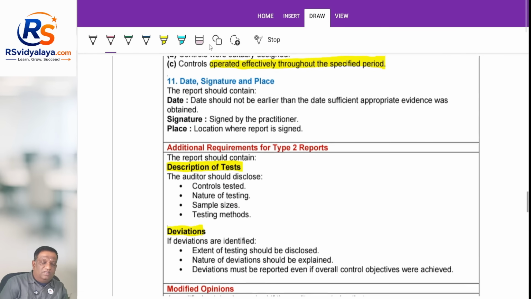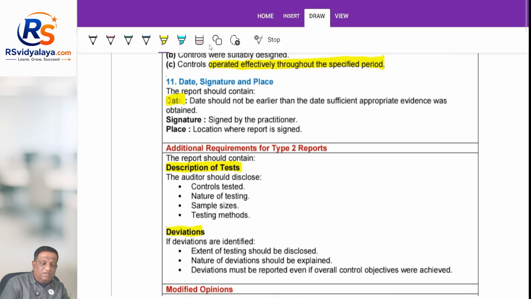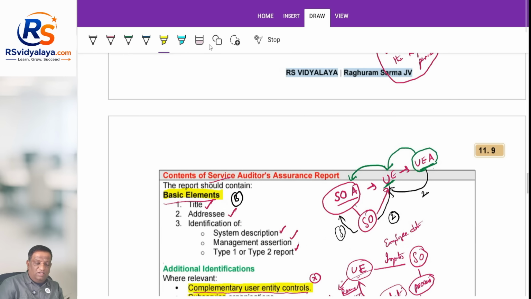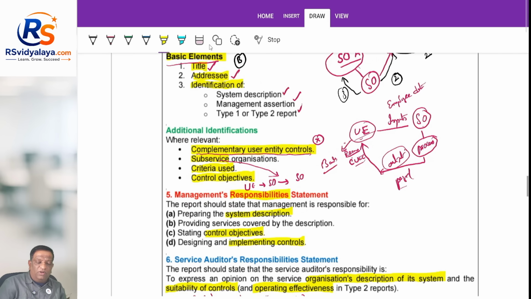And after that, like any other report, date, signature, place, those details would be there. And apart from these key elements, if I go back, first was the title. Second is the addressee, basically the appointing authority. And third, identification of system description, management assertion, and type 1, type 2. And any additional point depending on the existence of complementary user entity controls and all.